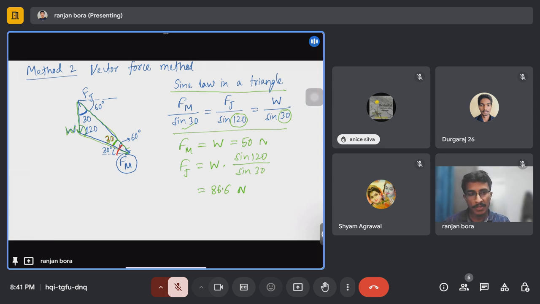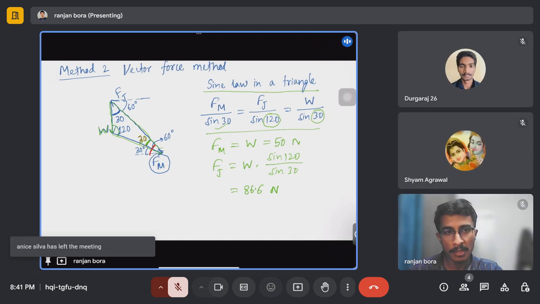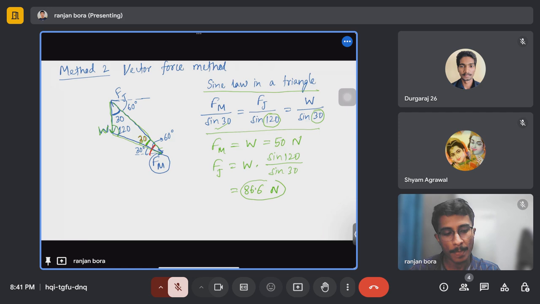So in our previous method 1, we solved using the force components, and we see we are getting the same answers if we use another method. So I think it is clear to you. So now I will move forward.